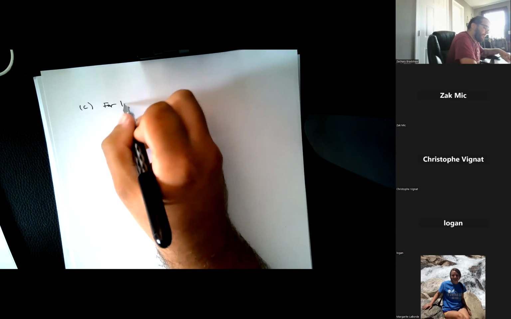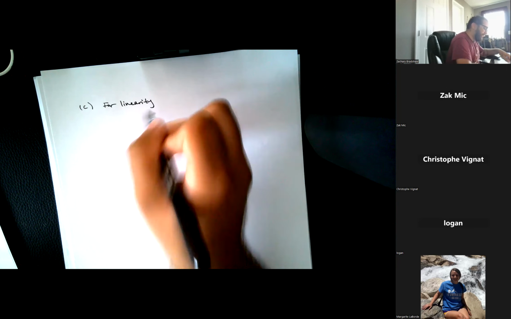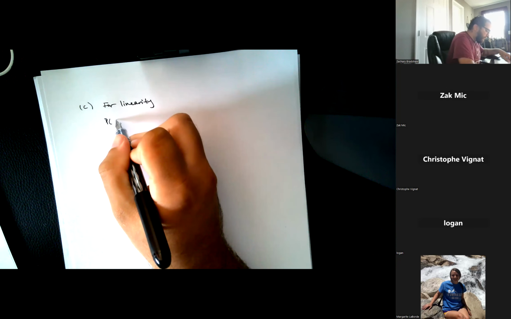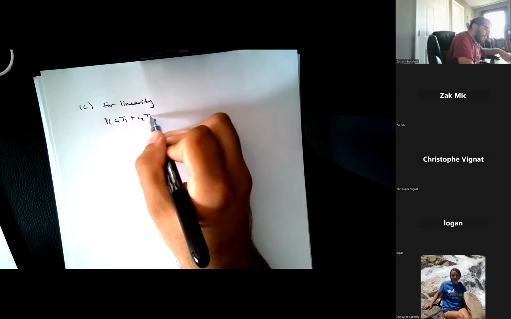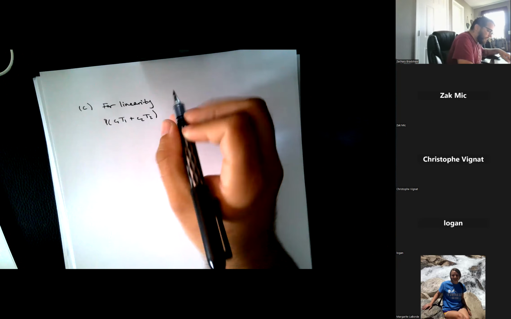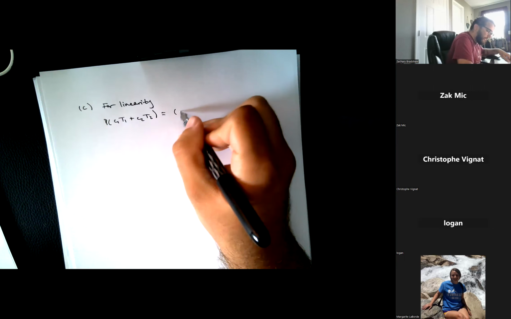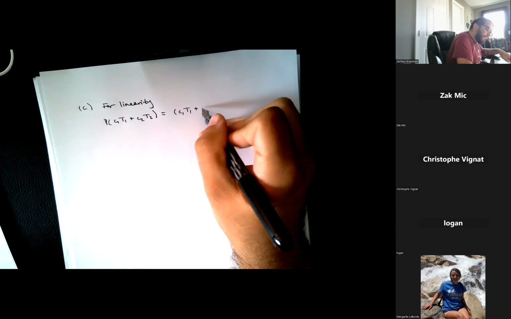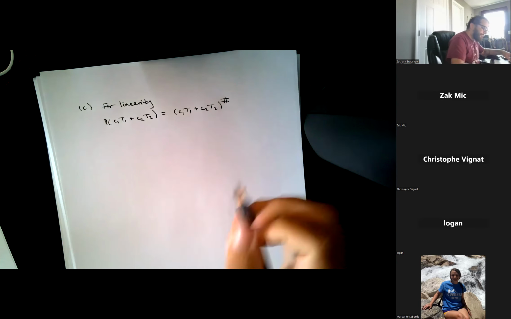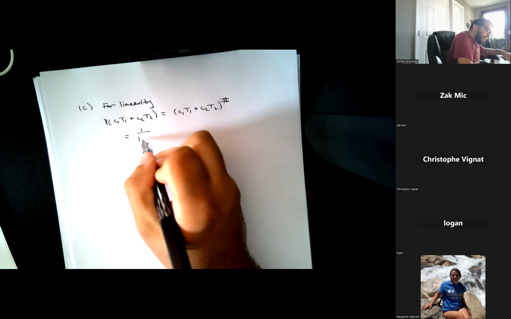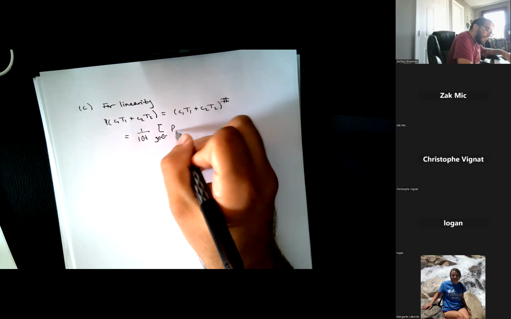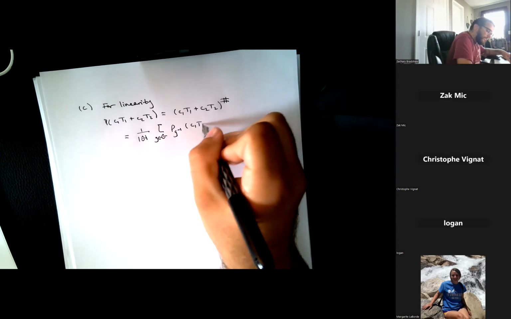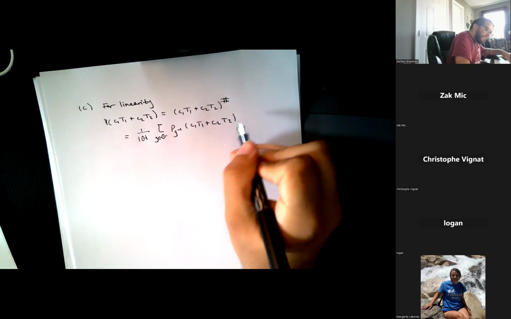So for linearity, which is one of the assertions, P of a constant times a map plus another constant times another map is equal to, by definition, the twirl of those maps, which is equal to 1 over the order of G, sum over G in G of rho G inverse, C1 T1 plus C2 T2, phi G.